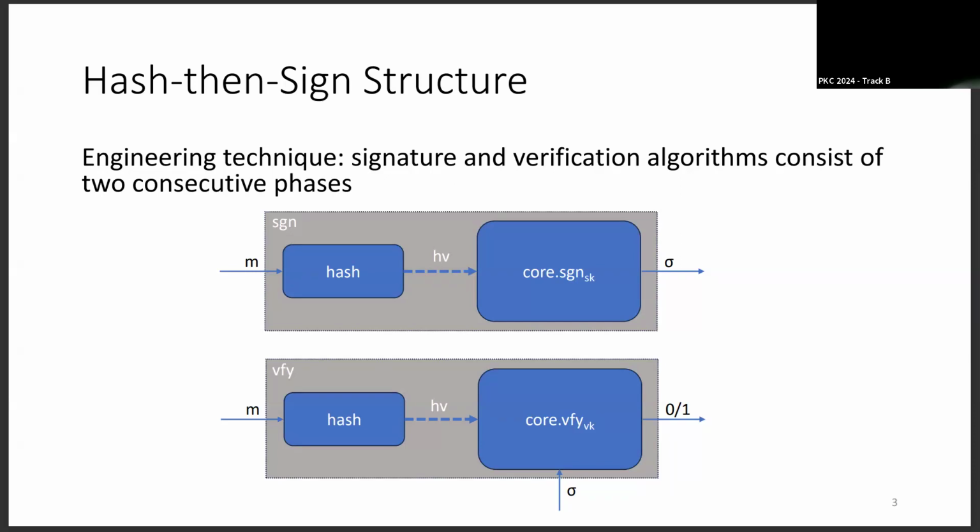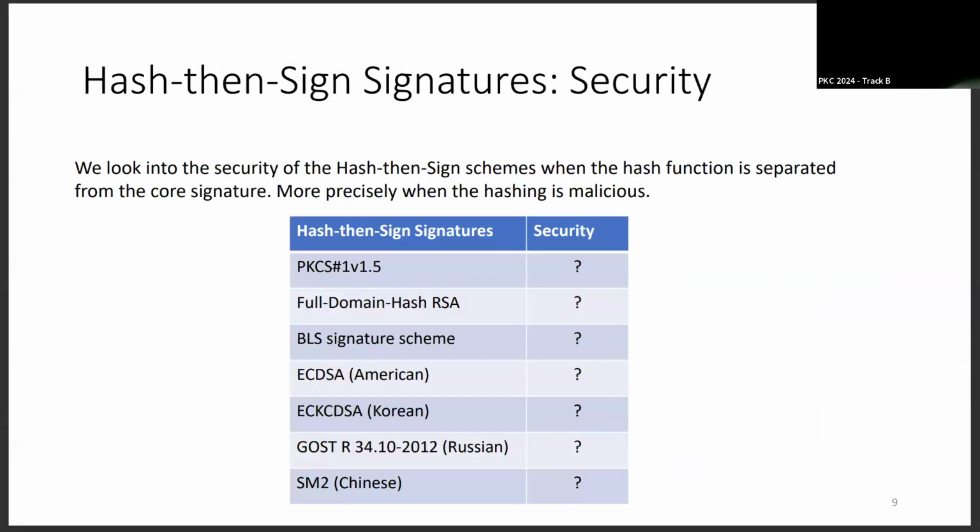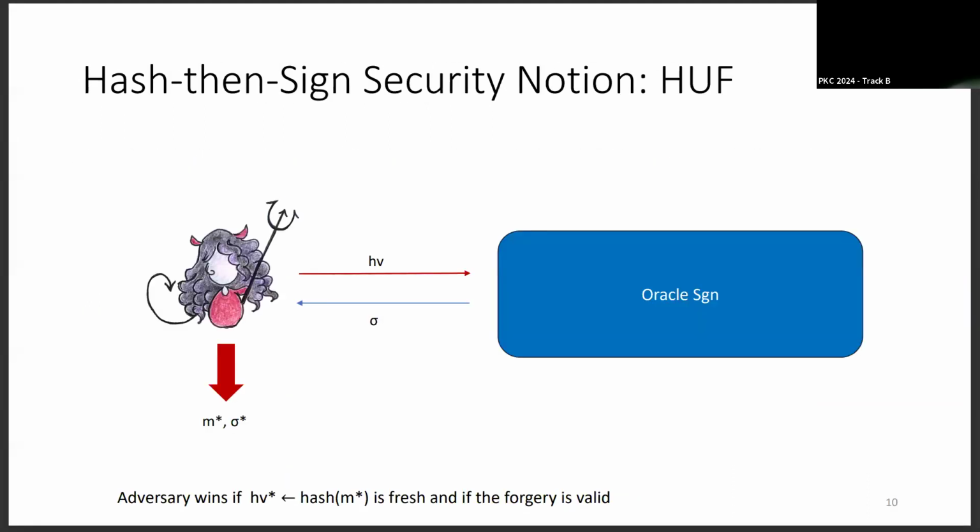One question. When you define your HUF, you suggest the hash implementation may be malicious, but in the signing scheme there are a signer and a verifier. In yours, do both signer and verifier have access to the identical malicious hash, or only the signer, or only the verifier?